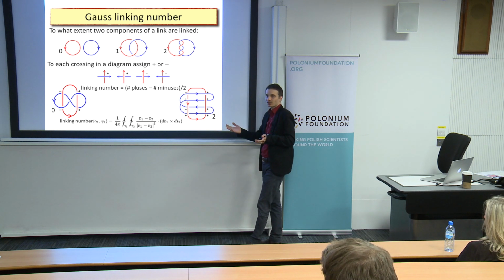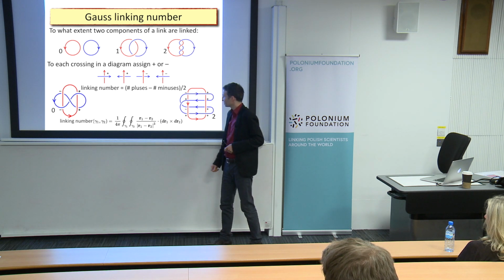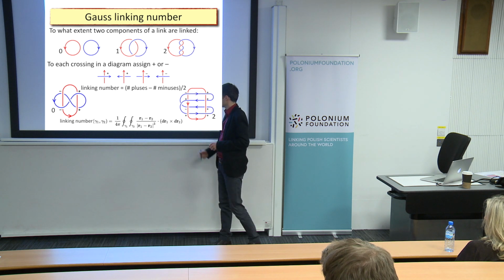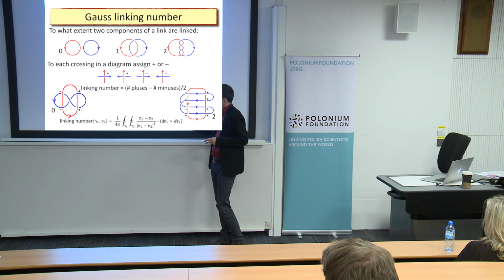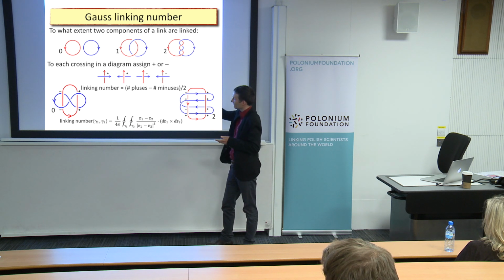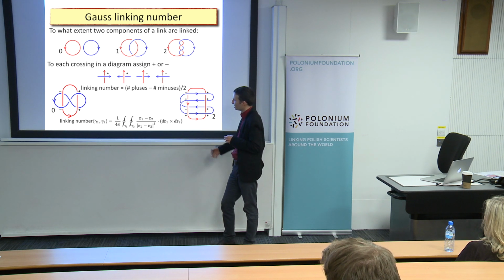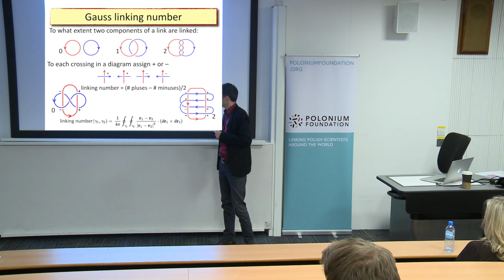Typically, when you make integrals, you get a result which is some number which is not an integer. But we know that this linking number must be an integer, which follows from these topological constraints. And this is also an interesting interplay between mathematical analysis and topology: an example where you get some topological answer from an operation which is analytic.